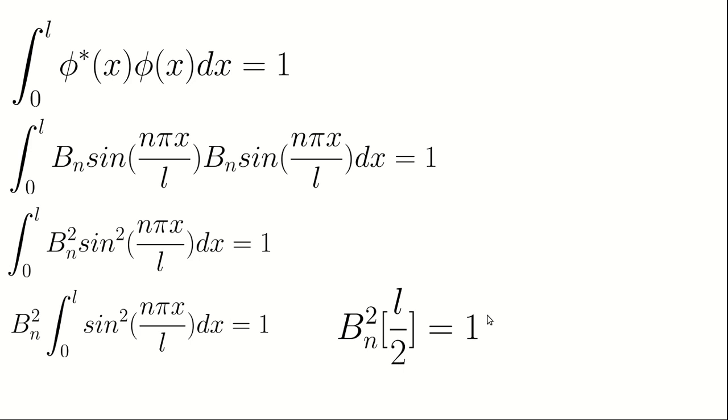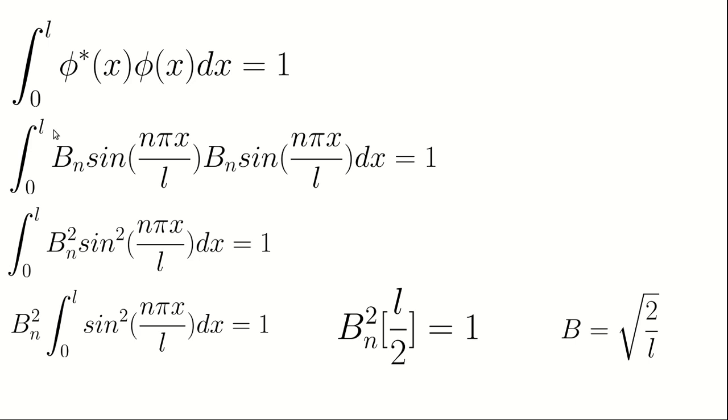So I can send my 2 here, send my L down, and make b the subject of the formula, and that gives me b equal to square root of 2 over L. I'm dropping my n because there is no longer n in this expression, so no need to put n here. So b is now equal to square root of 2 over L.